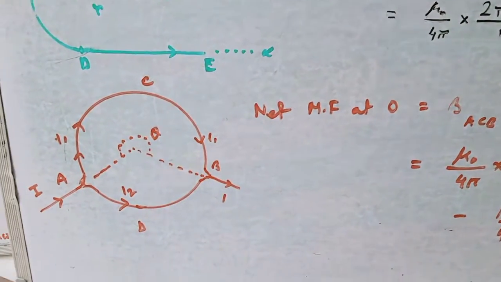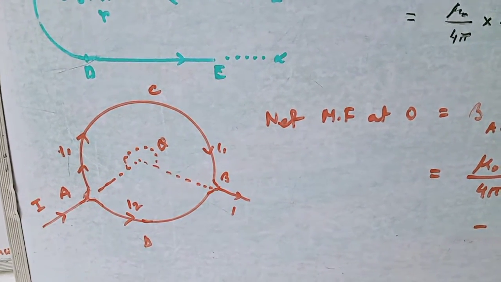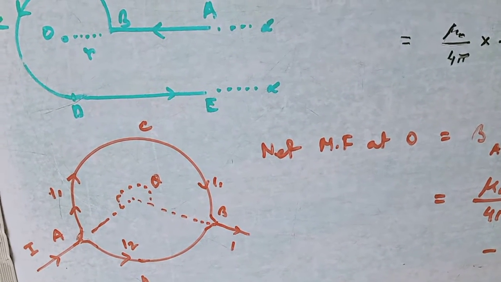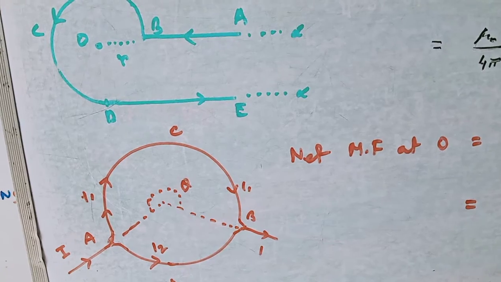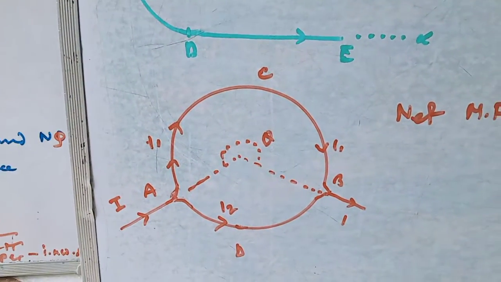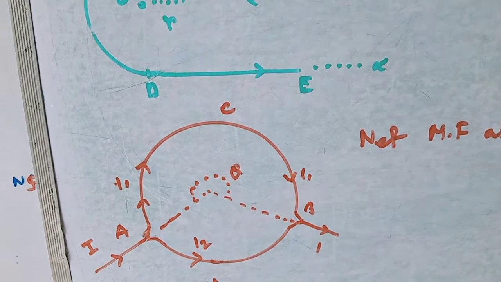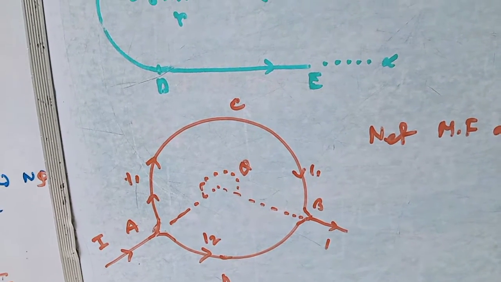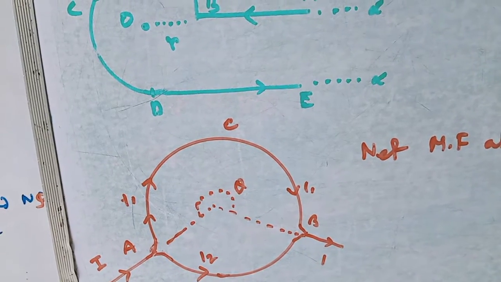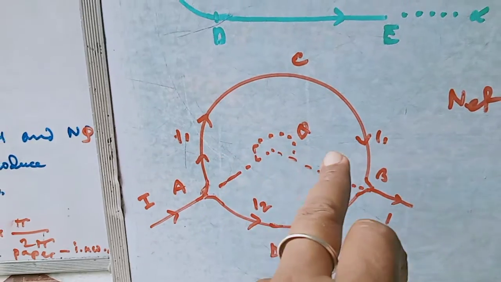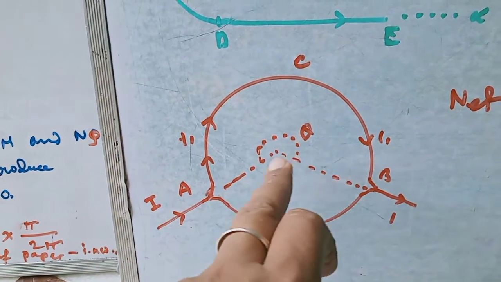See a situation slightly different from the above situation that we have discussed. Here, a current I enters a circular loop at the point A and divides into two equal parts. On passing through the two semicircular paths ACB and ADB, the two produce equal and opposite magnetic fields if and only if it is a semicircle. But this is not a semicircle.